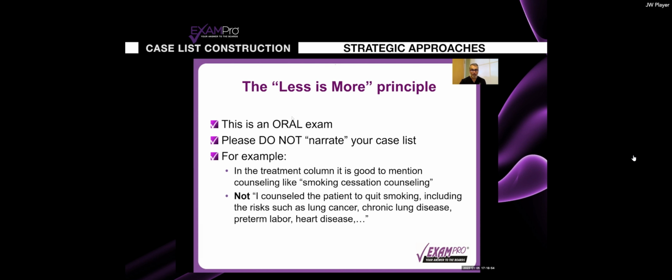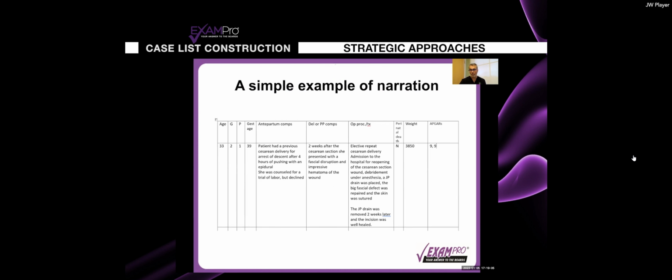In the oral exam, the narration will come when you are answering the question. The question will be something like, tell me about your smoking cessation counseling. Now, this is a simple example, a different example of narration on an actual case list. So this was actually on somebody's case list, not recently, and it's been de-identified because I don't want to expose anybody.